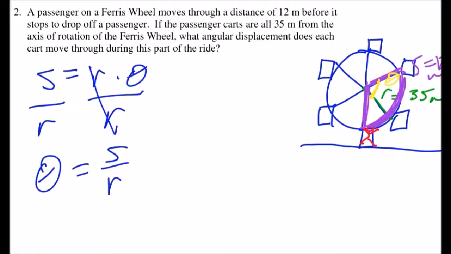So theta then is equal to the arc length over the radius. So that's going to be 12 meters divided by 35 meters. All right, so what unit will our answer be in? Radians. Very good.